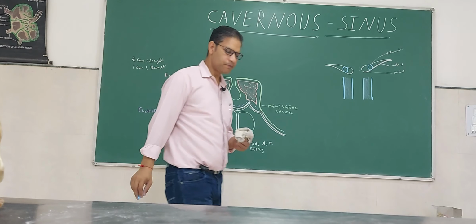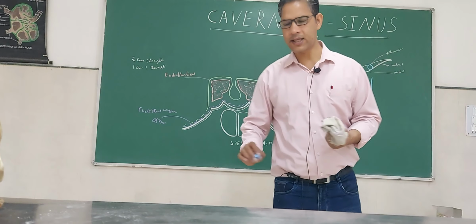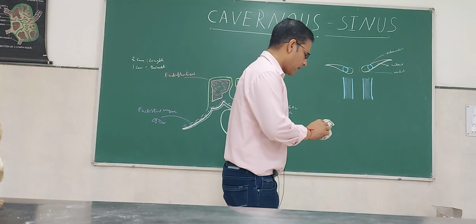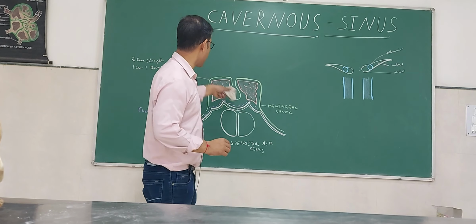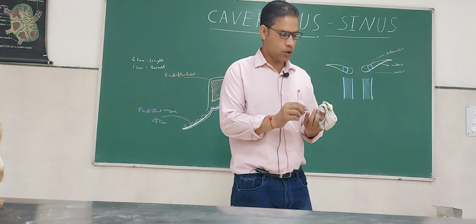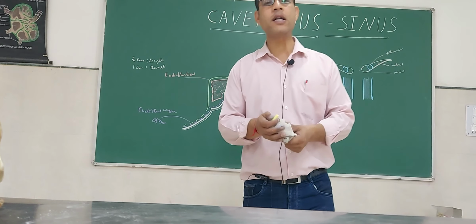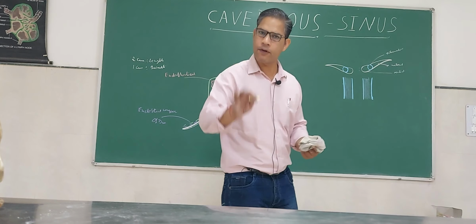Now this is the diagram showing the anatomy of the cavernous sinus. I am moving toward why these loops are present by the side of the cavernous sinus. We can see there are some external relations and some important anatomical structures within the cavernous sinus.